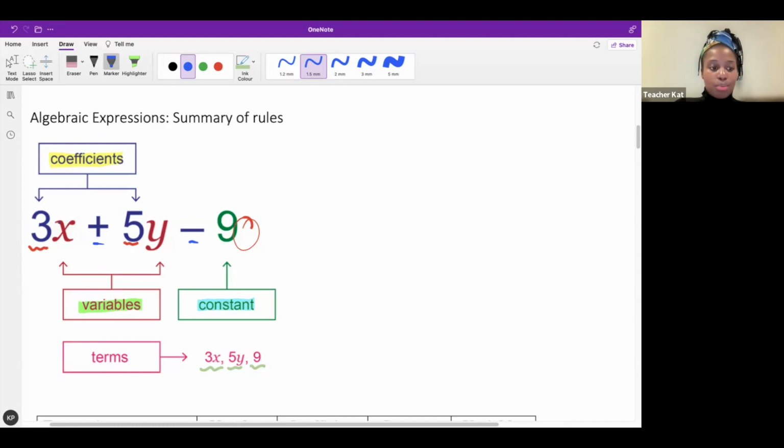That is only one term, because between these two is a multiplication, which makes this whole thing one term. The same between 5 and y. This is 5 times y, which is 5y. So that is not two different terms. That is only qualifying as one. The only time we say we have a new term is if there's a plus or a minus between them.